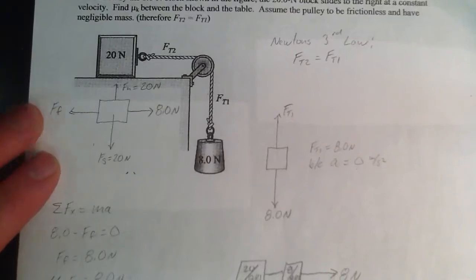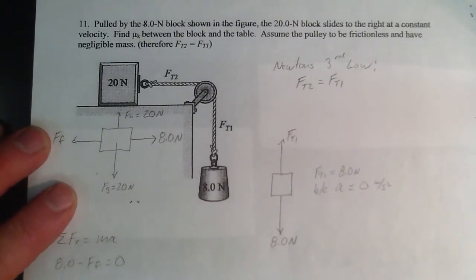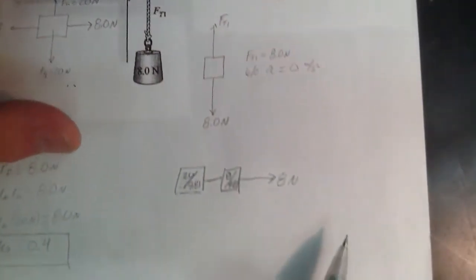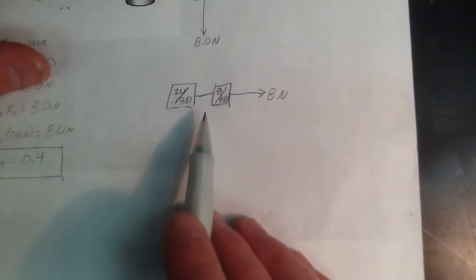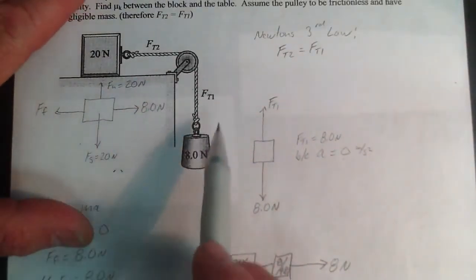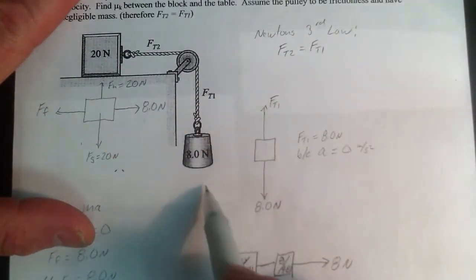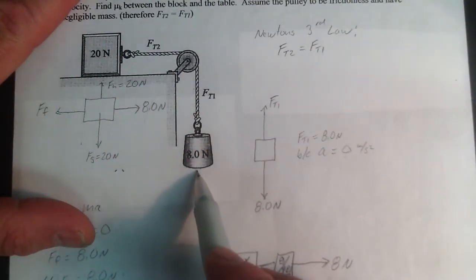Okay, since this is frictionless, that makes it awfully easy. The best way to wrap your mind around these types of pulley problems is to look at this as a free body diagram. What is motivating this force? What is causing this thing to move? Well, it's the force of gravity of this guy.